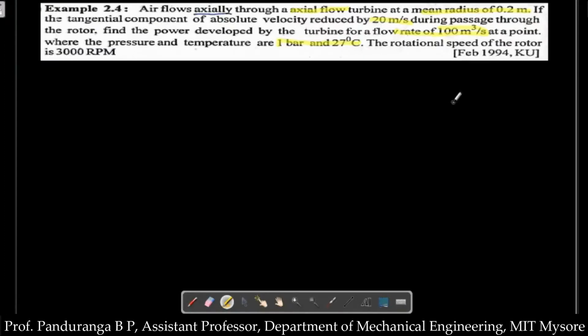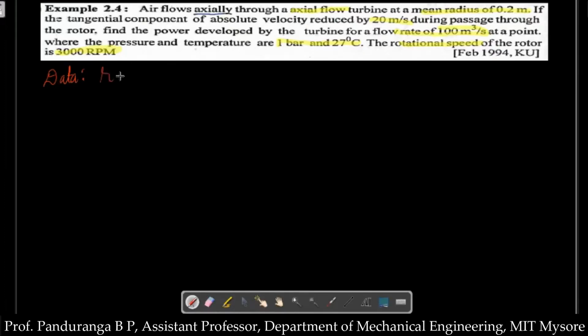The rotational speed, here they haven't given the tangential velocity of the blade. They have given the rotational speed of the rotor as 3000 rpm. So with this data, we need to calculate the power developed in this problem. So first, let us list out the data. The data given here are, first they have given the mean radius.